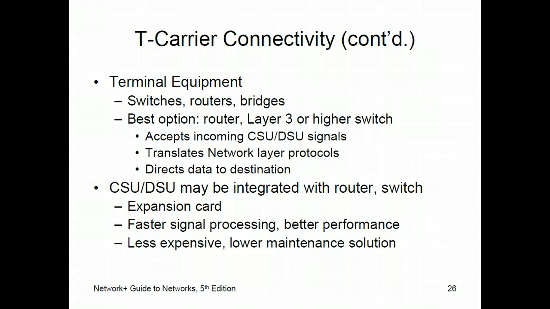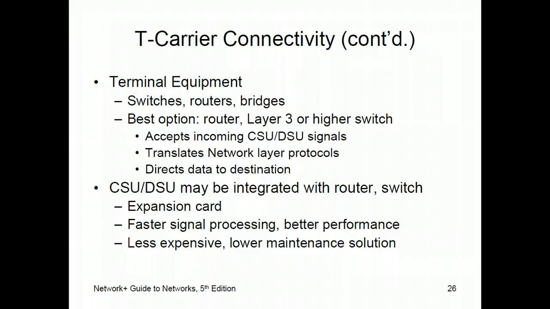T-carriers also have, as LANs and WANs do, switches, routers, bridges. Bridges are just devices that connect your routers and switches together. The best option though is a router, layer 3, or a higher switch. These do accept CSU and DSU signals from a T-carrier.